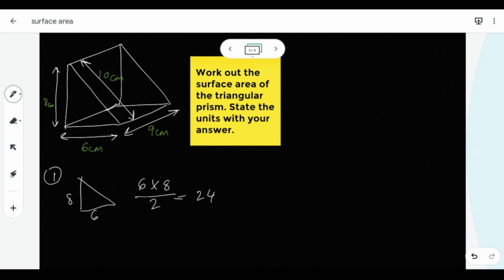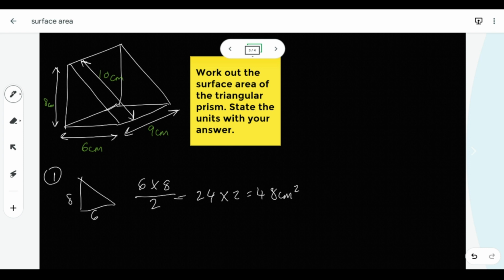Right, but because you have 2 of those sides, you times that by 2, sorry about that, and you get 48 centimeters squared.